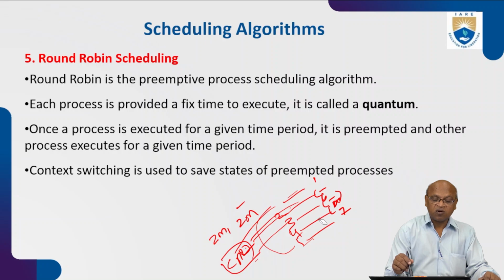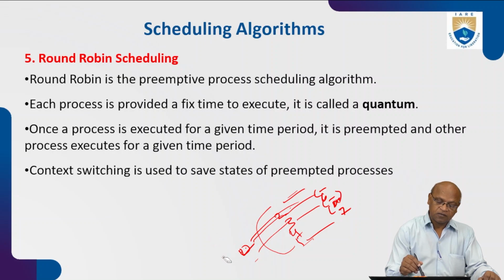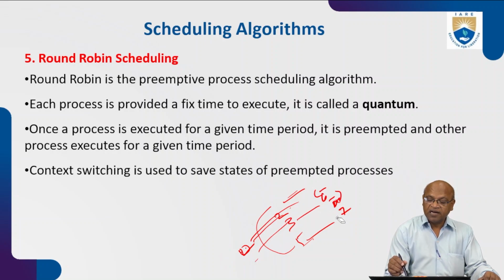These processes are provided a fixed time to execute. Each process is provided a fixed time to execute, called the quantum. As per the quantum only, the program execution goes on in the CPU. Once a process is executed for a given time period, it is preempted and another process executes.